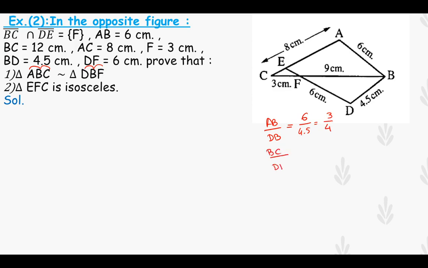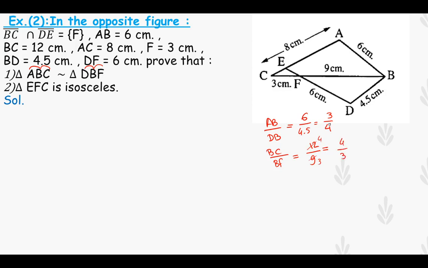And BC over BF, sorry, BC over BF. Here we have BC, its length equals 12 centimeters over BF, 9 centimeters. Put it in the simplest form. It will be 4 over 3.